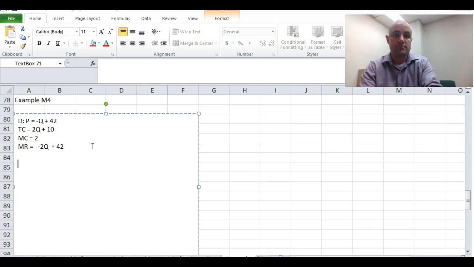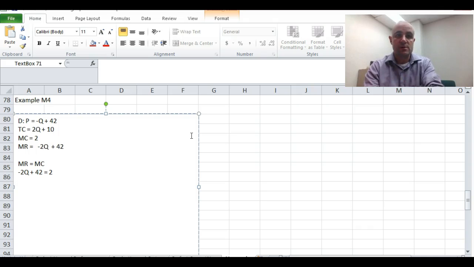If we break this down, you maximize your profits where your marginal revenue equals your marginal cost. Marginal revenue is minus 2Q plus 42. Marginal cost, we're saying, is just constant at 2.